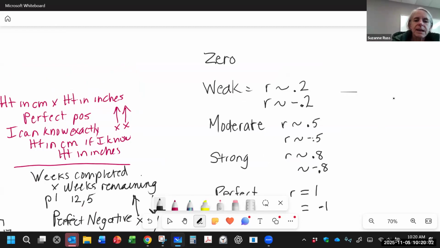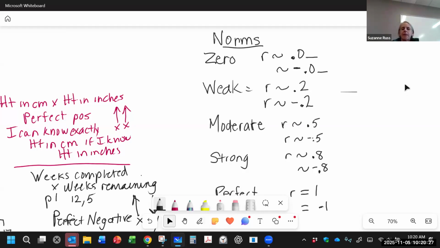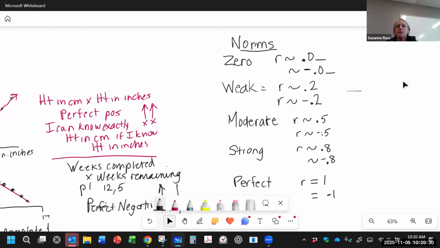It's not going to be exactly 0. r is going to be approximately 0.0-something or approximately negative 0.0-something. That's probably what you're looking for. These are the norms for how we describe our relationship, and they're already familiar to you because of effect size. So jot these in your notes somewhere.